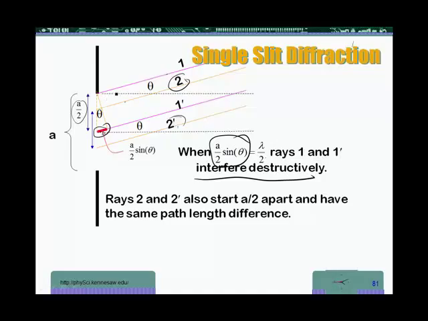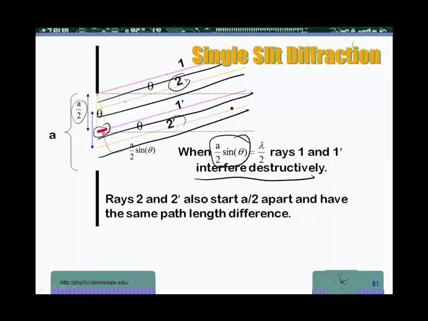Think of this for all possible beams. This and this, this and this, as long as we have a over 2 difference between them.